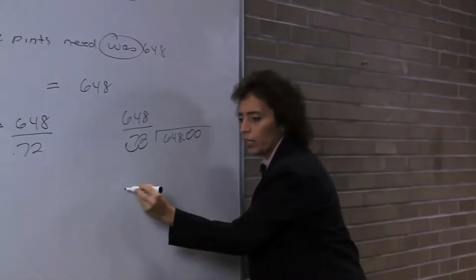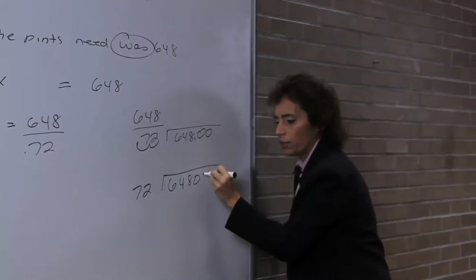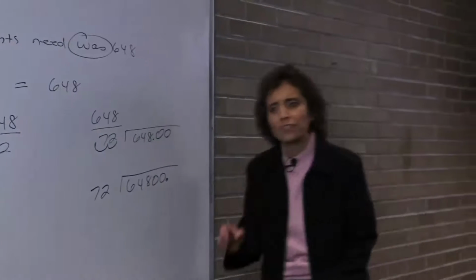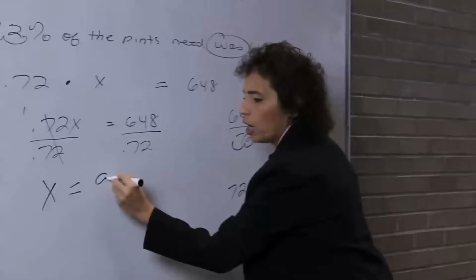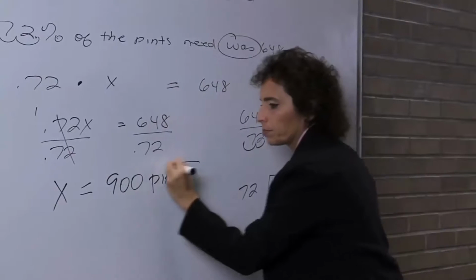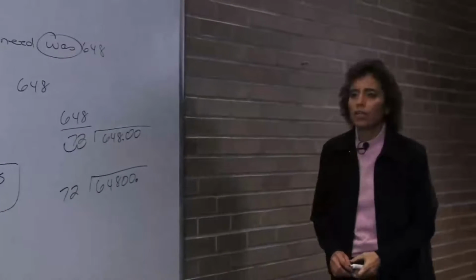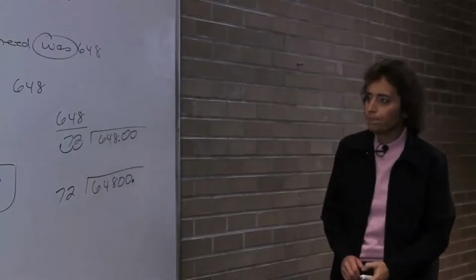So what we're really doing is dividing 64,800 by 72. Okay, when we do that, we get X equals 900. So it's 900 pints. 900 pints of blood were needed. Awesome, huh? 900 pints of blood.